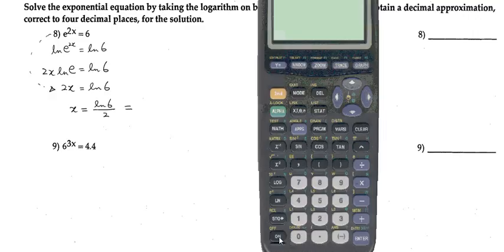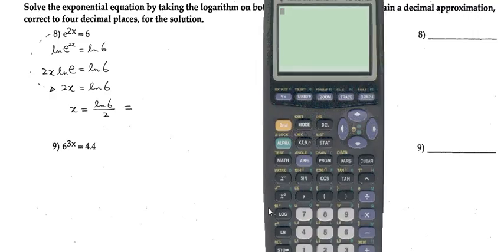So we check it out in our calculator. We will have the natural log of 6. Close the parentheses. Oops, I made a mistake. Let's see. Press 6 and then close the parentheses. Divided by 2. And then hit enter. So you will have this.